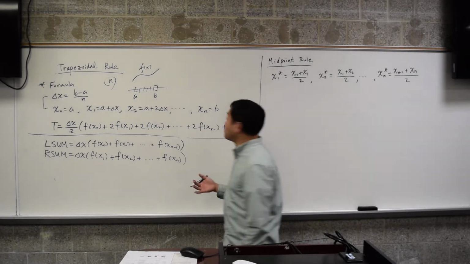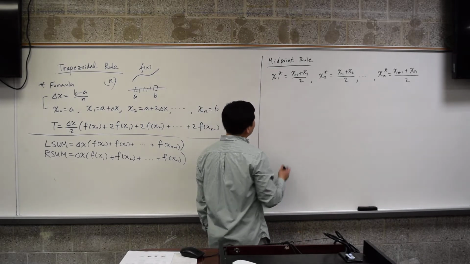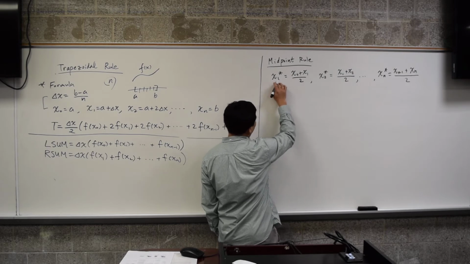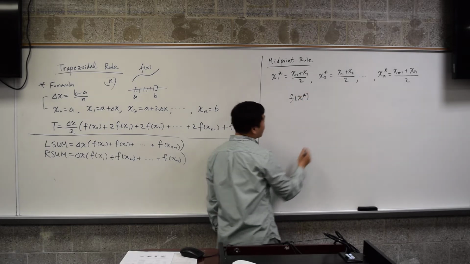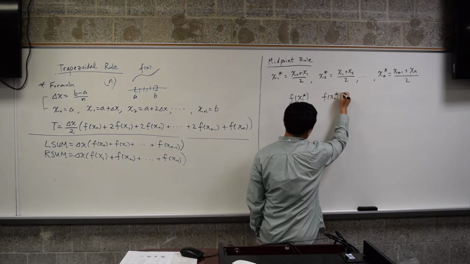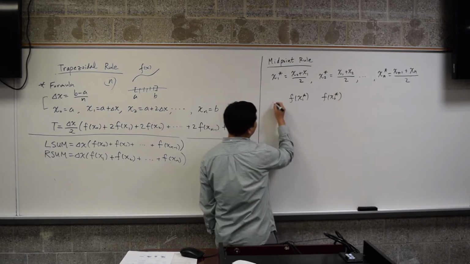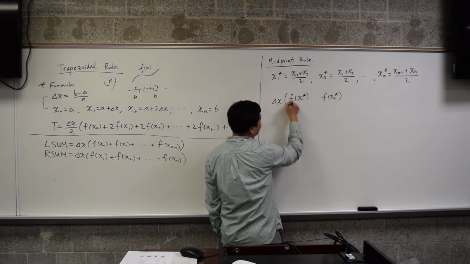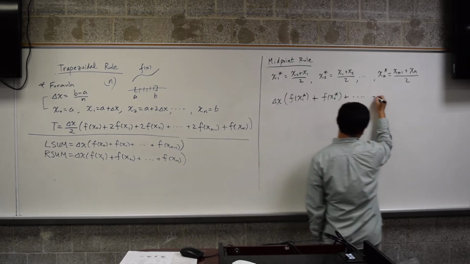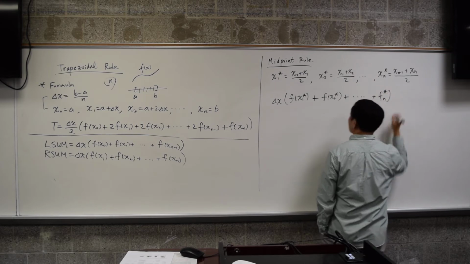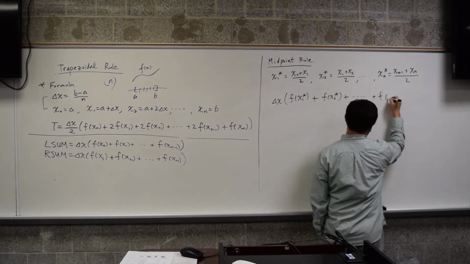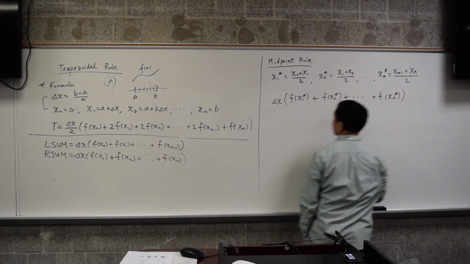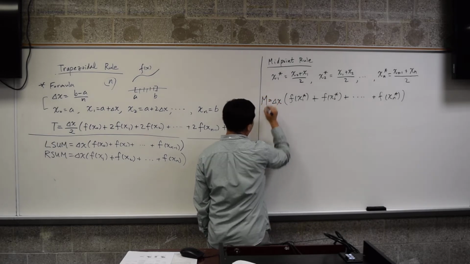And then you build the rectangles whose height is the y value at these points. So we'll be using f(x1 star) as the height of the first rectangle, f(x2 star) as the height of the second rectangle, and then we multiply delta x, the base length, to all of them. When you add up everything, that's what we call the midpoint value.